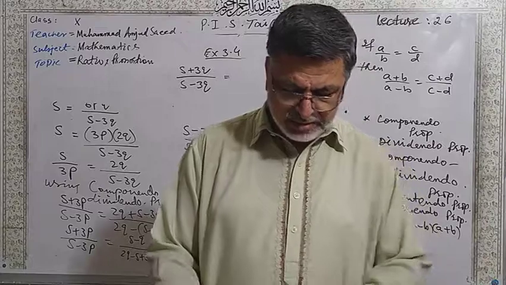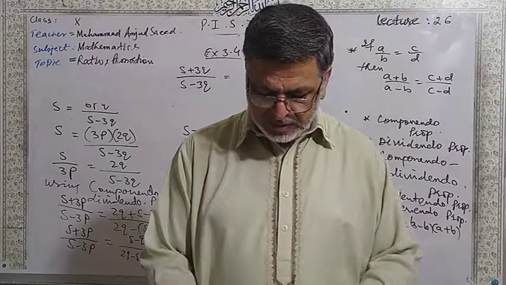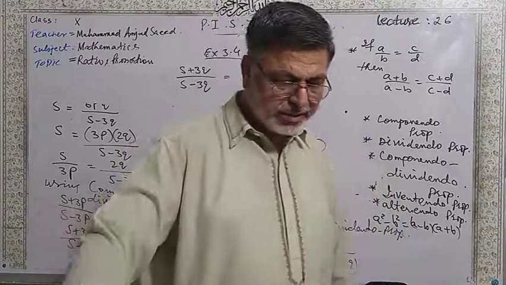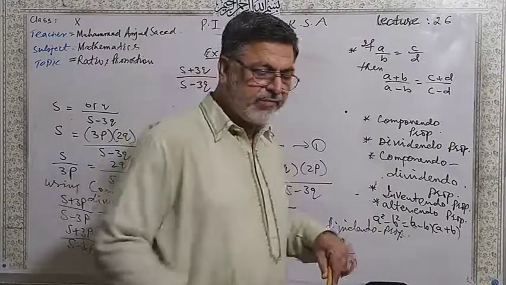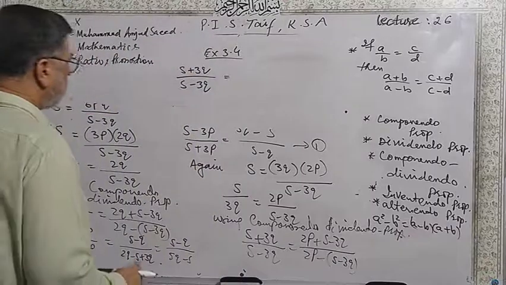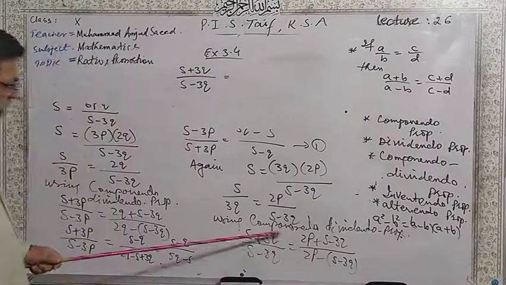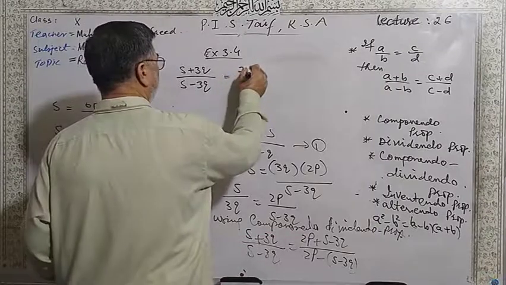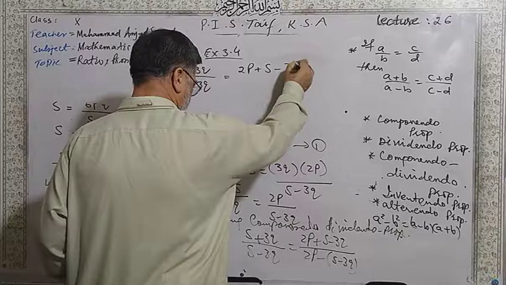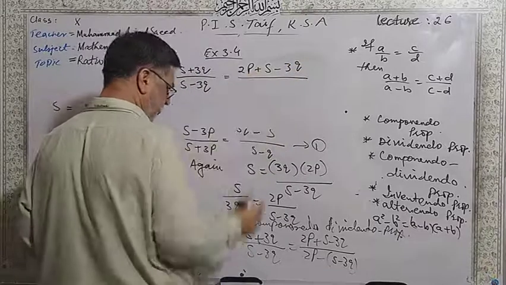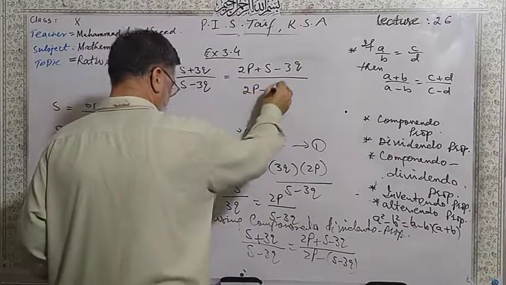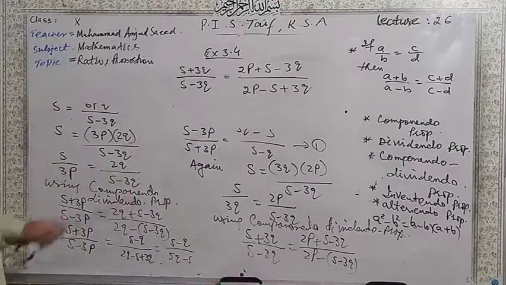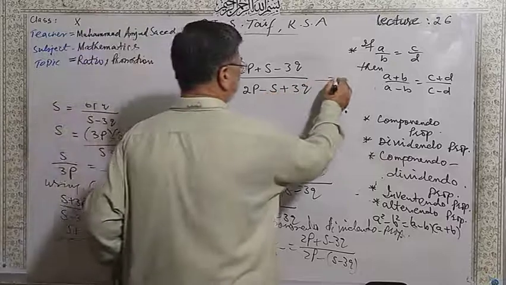Okay, the statement 6pq over S minus 3q, statement is correct. Here we have S plus 3q over S minus 3q is equal to 2p plus S minus 3q over 2p minus S plus 3q. This is your equation number 2.